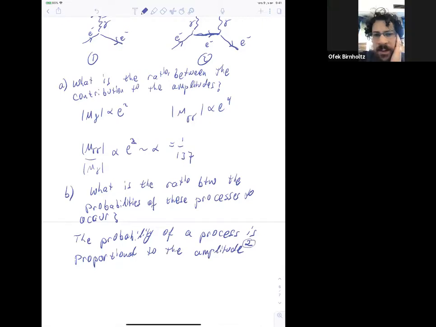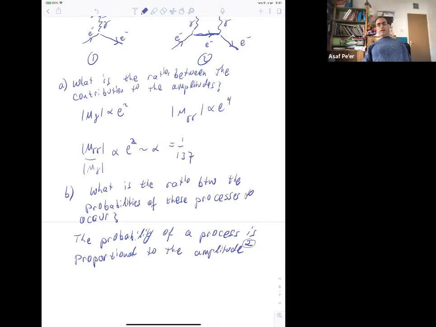Can an experiment actually tell you which one of the two happened? Not directly. You can get it indirectly, but not directly.